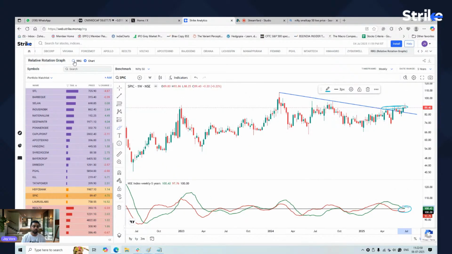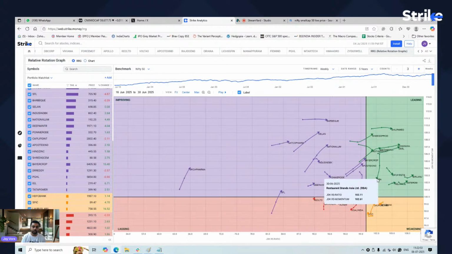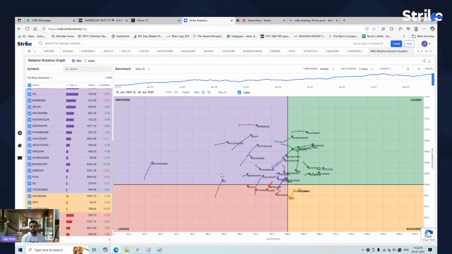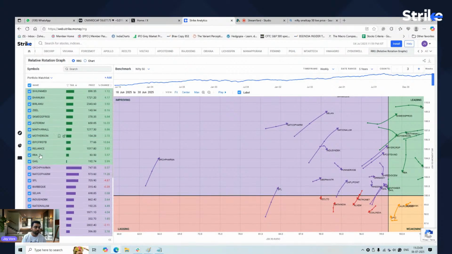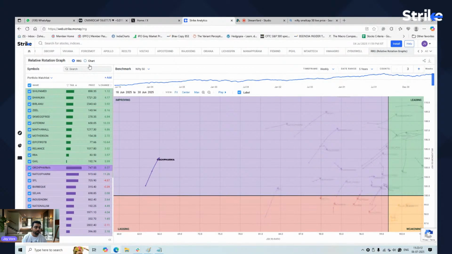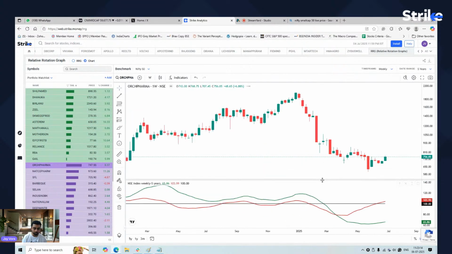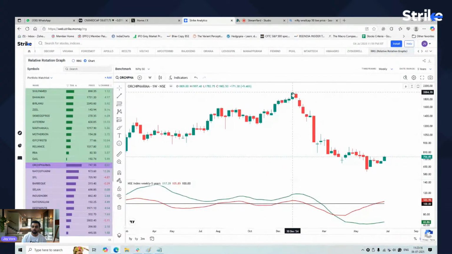So that's how I created a watch list, and I quickly came to know what I need to do. Now see, something like Orchid Pharma. Its RS is 63. That is very bad, so there is a very good chance that it would have underperformed very significantly. If I have to see the chart of Orchid Pharma, you can see the stock from 2000 has fallen all the way to 603.